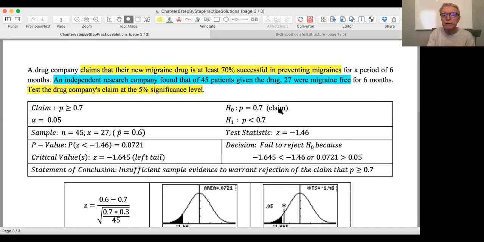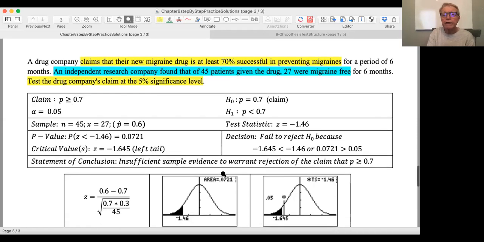So it is going to be the claim, because the claim had an equal part. The alternate is going to use the same parameter, P, the same number, 0.7, but the relationship is going to be the complement of the relationship back over here. So it's going to be less than.